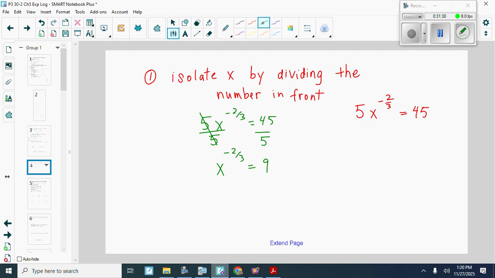The first step, you should have isolated your x by dividing by the number in front.